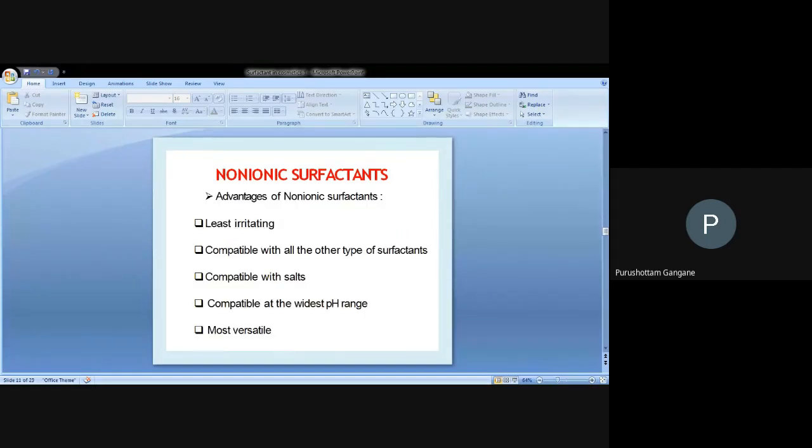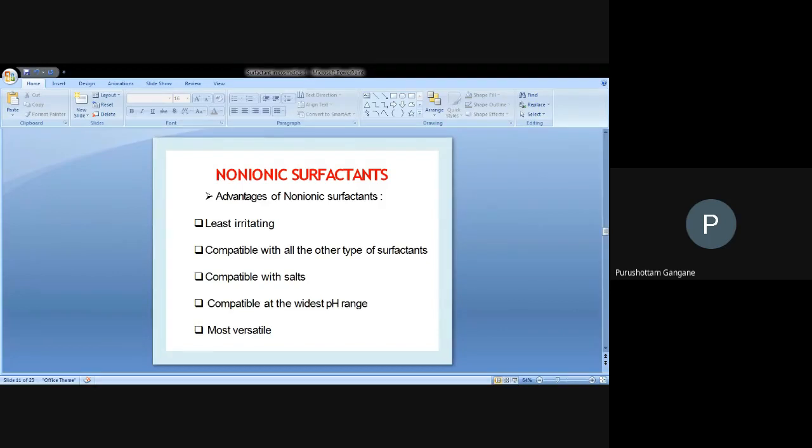So what are the advantages of these non-ionic surfactants? Non-ionic surfactants are less irritating because they do not interact with your cell, because they do not have any charge. They are compatible with all other types of surfactant.